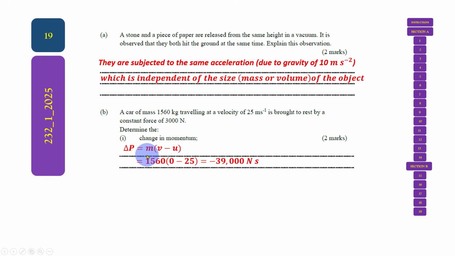Change in momentum is mass times change in velocity, and when we substitute, we get the change in momentum to be negative 39,000 newton seconds, or kilograms meter per second. All right, the negative sign indicates that that change is a decrease in momentum.